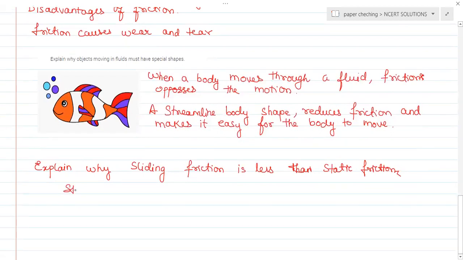So you can write this: static friction is greater than sliding friction.